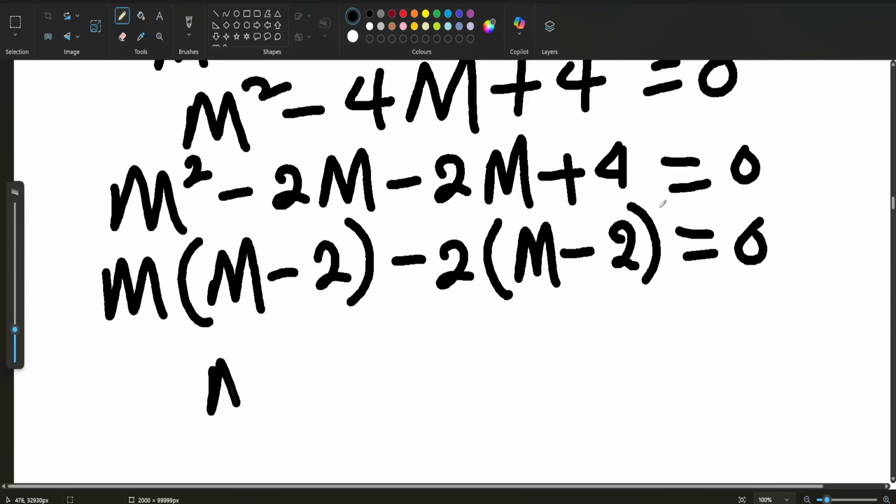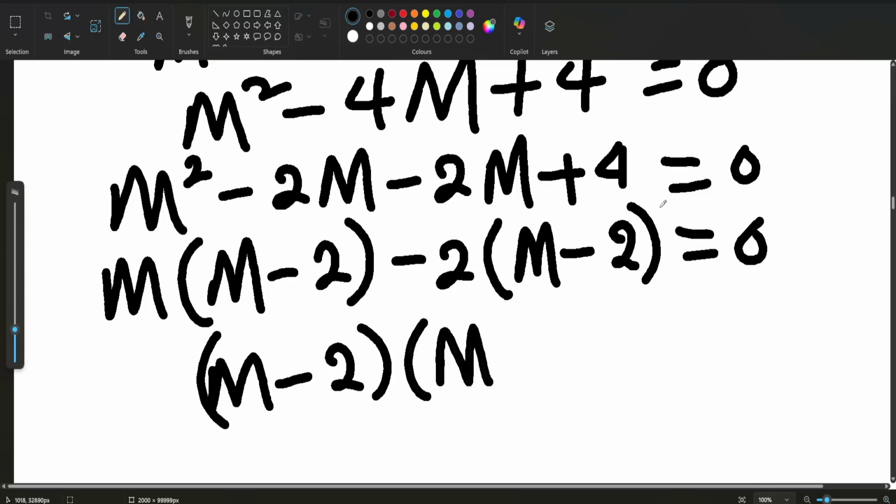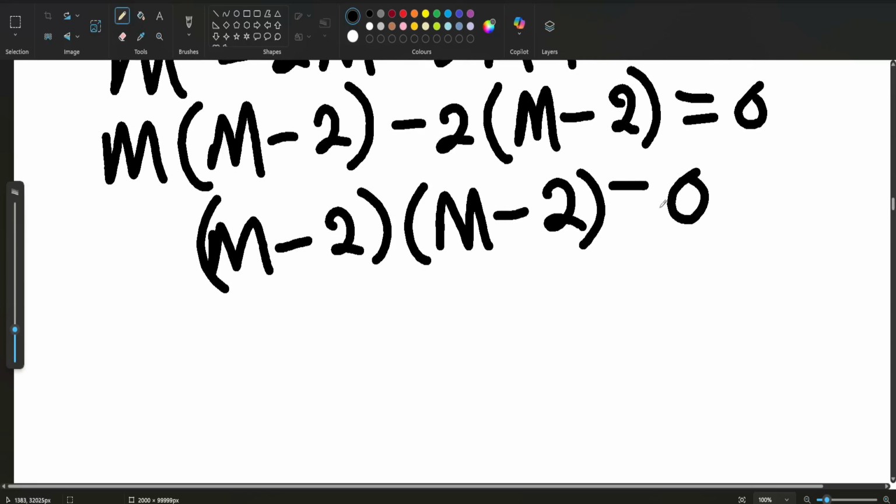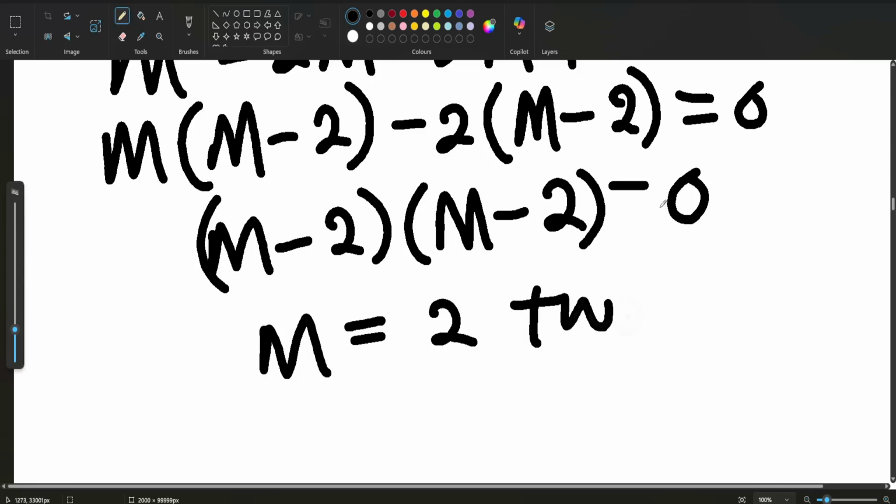So m minus 2 here, and this is going to be m minus 2 equal to 0. Okay, so that means m is equal to 2 twice. So these are equal roots. Okay, m is equal to 2 twice.